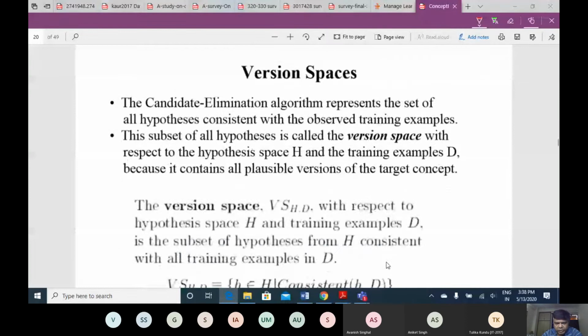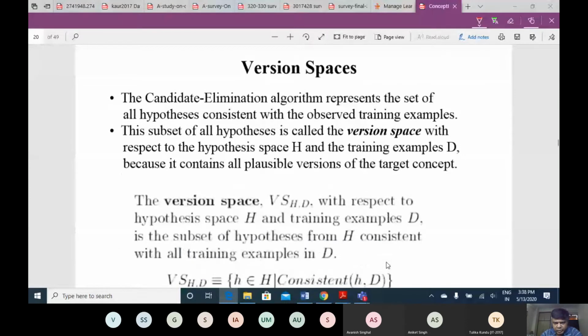And for this we have to understand what a version space is. So a version space basically defines a subset of all hypotheses which specifies or defines a particular concept.